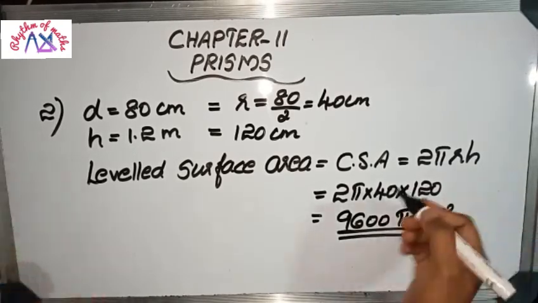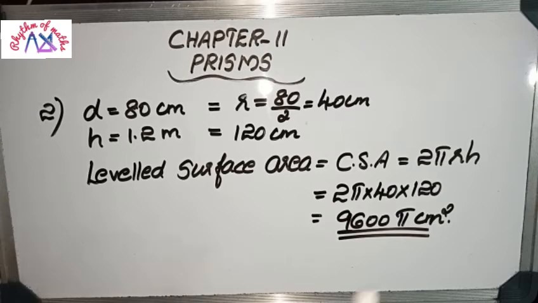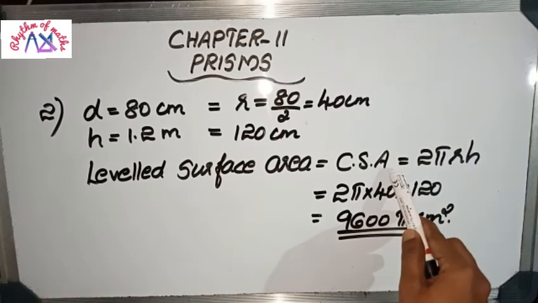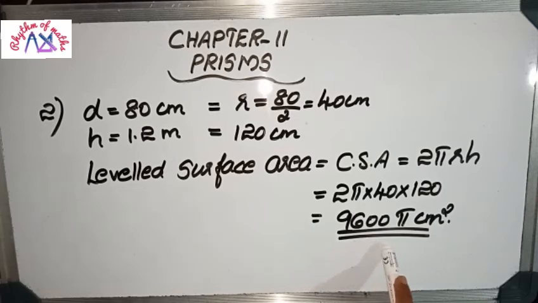All the units are in centimeter, so the answer will also be in centimeter square. So the leveled surface area, curved surface area, answer is 9600 pi centimeter square. If it is to find the cost or something, you have to multiply the value of pi here. Otherwise, no need, you can write pi as pi itself.